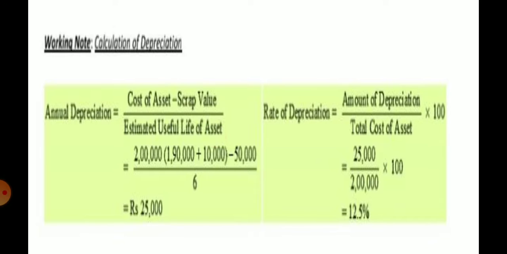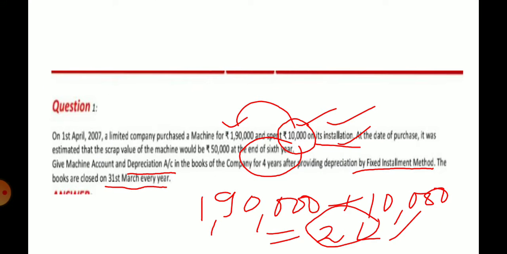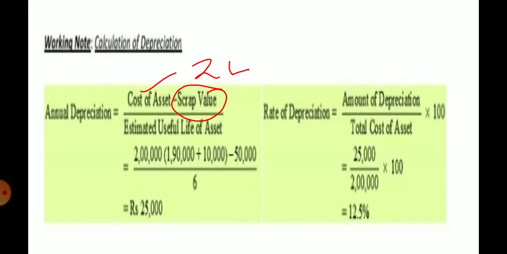Okay, so the cost of asset is, as I told you, 2 lakh, and the scrap value of machinery will be 50,000 as given in the question, and the useful life is 6 years.